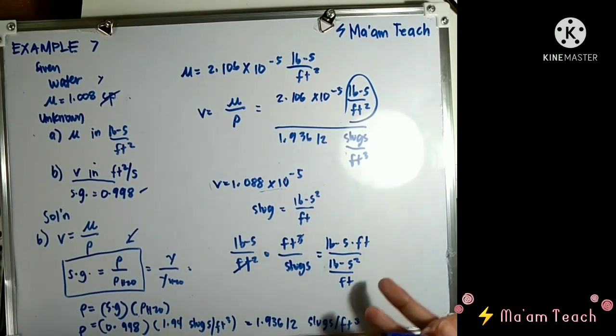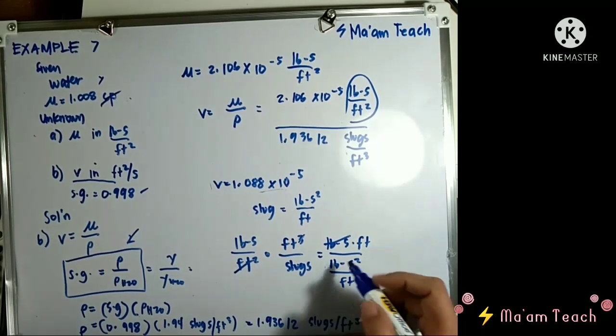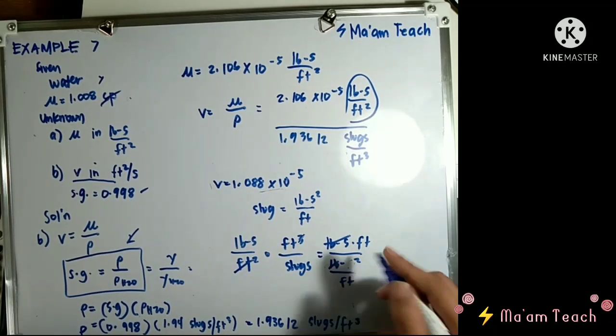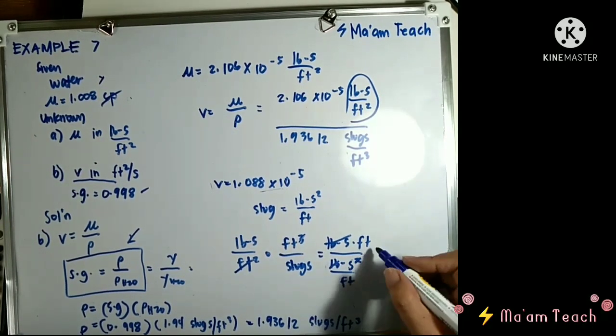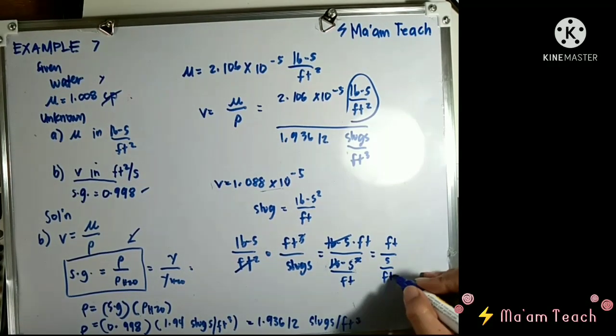So what will be cancelled out, class? We can cancel out this pound second and then this one. Can you follow? So only one second remains. So what will happen? You'll have feet per second per foot.